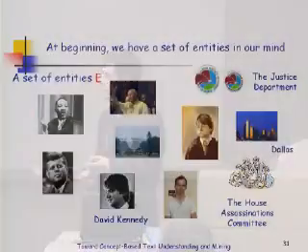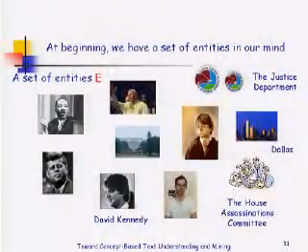Suppose I'm an author and I want to write this article. I care about names in this article, so I will study how to generate names into this article according to a probabilistic process. At the beginning, I have a set of entities in my mind. I know a lot of people, locations, and organizations.